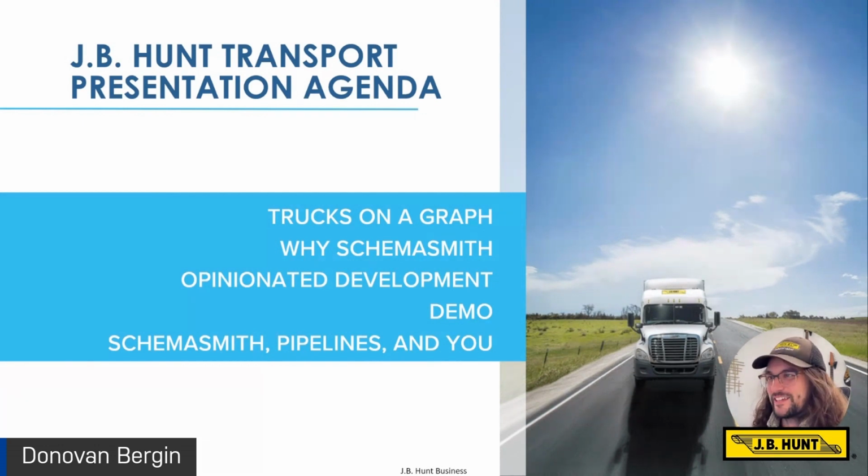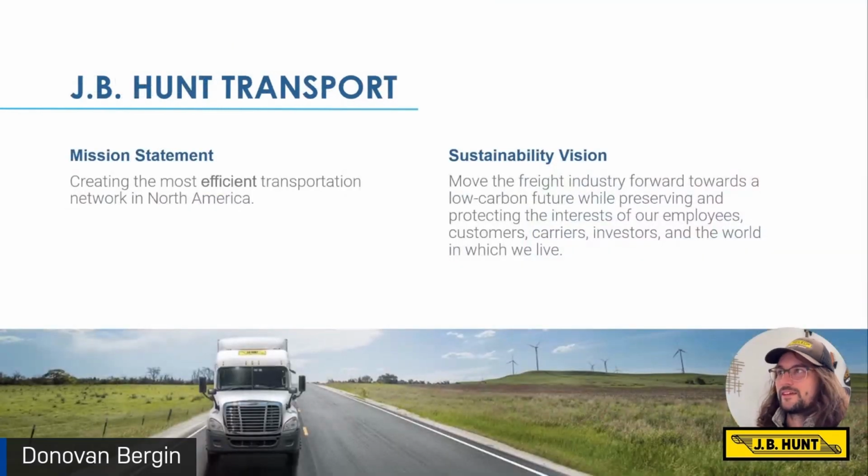So with that being said, let's get into JB Hunt, a little bit about what we do, why graphs are important, what kind of problems they solve for us, and why we want to make sure they're good graphs. Our mission statement is to create the most efficient transportation network in North America.